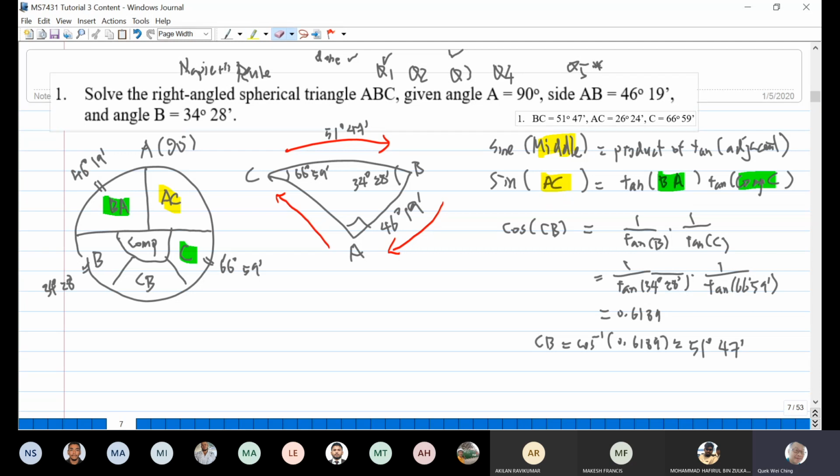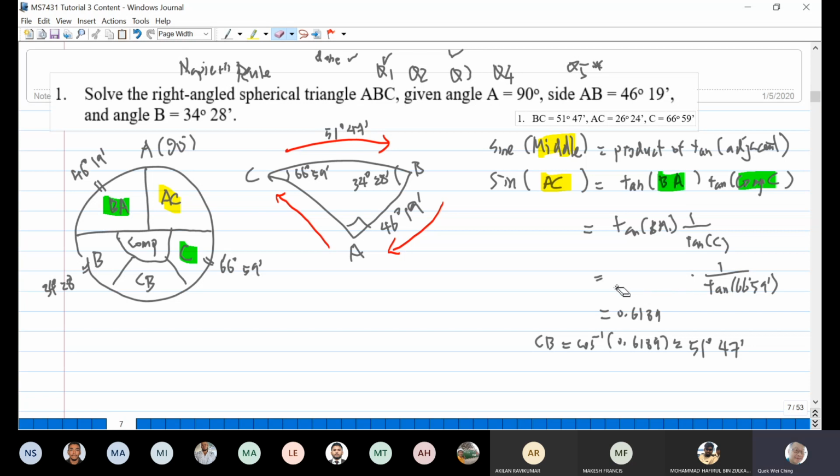So I can find sine of AC now. So this is sine AC here. Sine of AC equal to, okay, this BA now, tangent BA. So I leave it there as alone. All right, so let's put in the calculator.